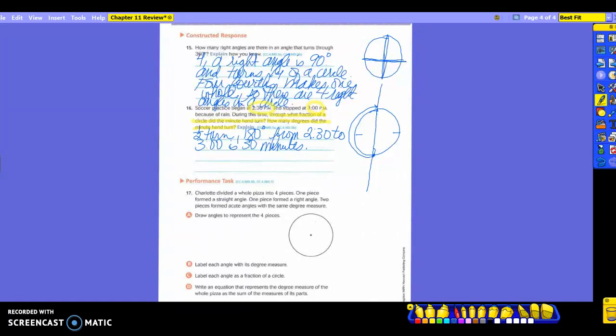Everybody there so far? The minute hand turned how far? Half a turn, which is what we said earlier, right? And we know that a half a turn is what amount of degrees?